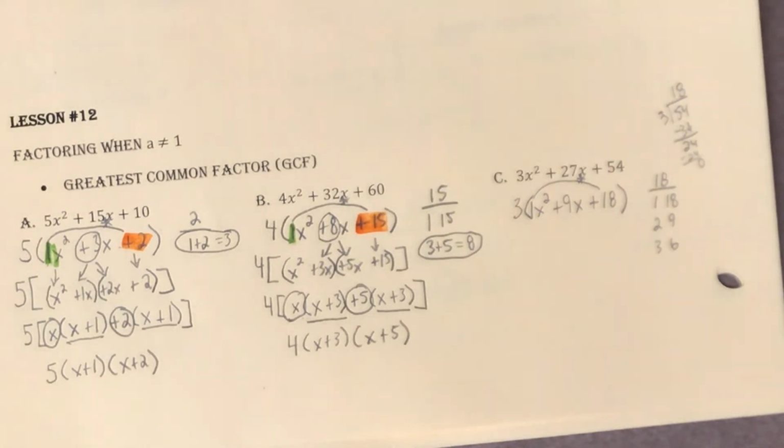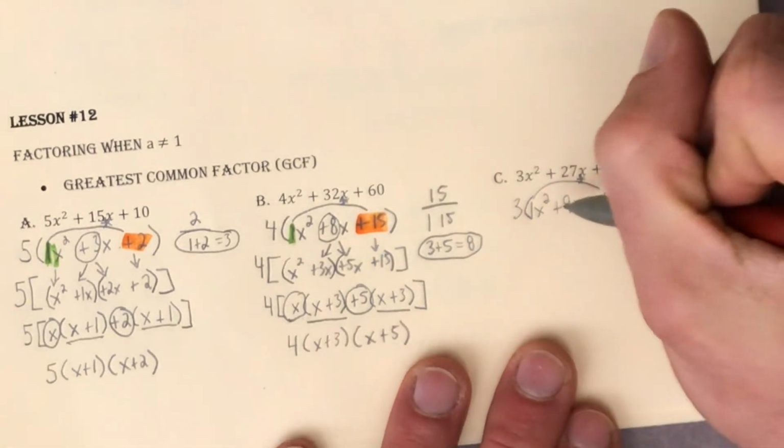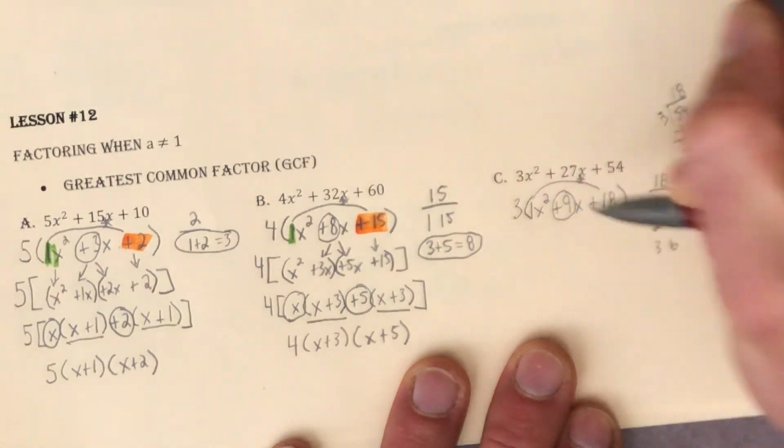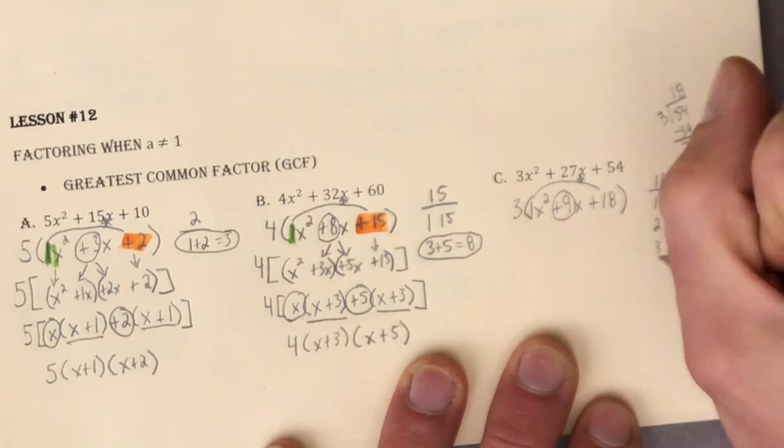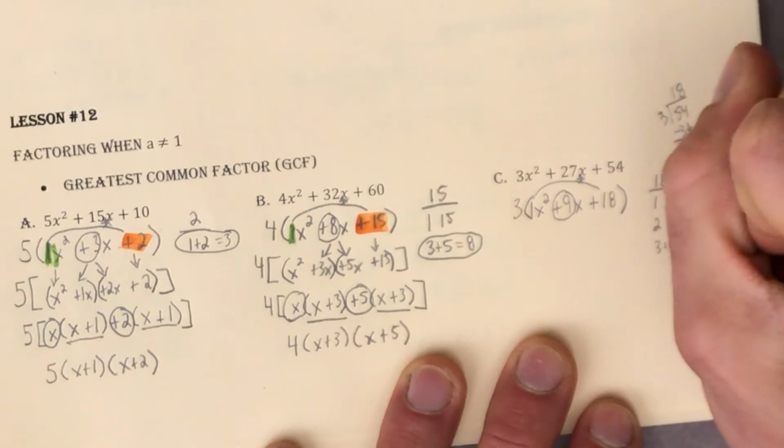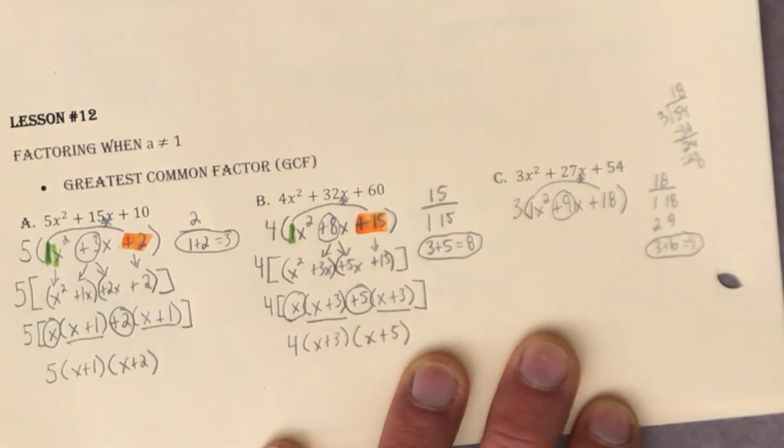Now, step 4, we're looking for which of those factor pairs can combine together to make B, which in this case is positive 9. Well, that would be 3 plus 6 equals positive 9, so that's what we're going to use.